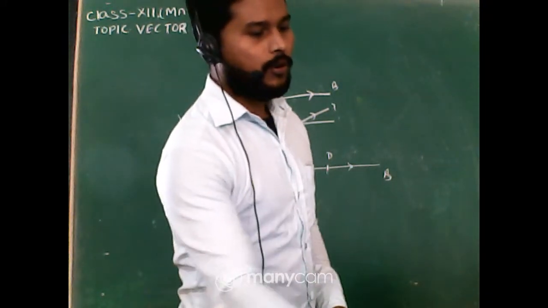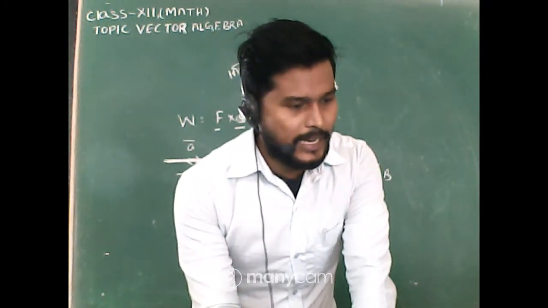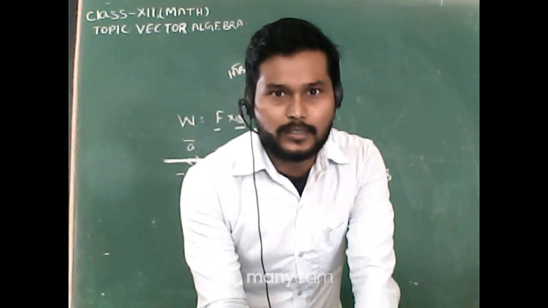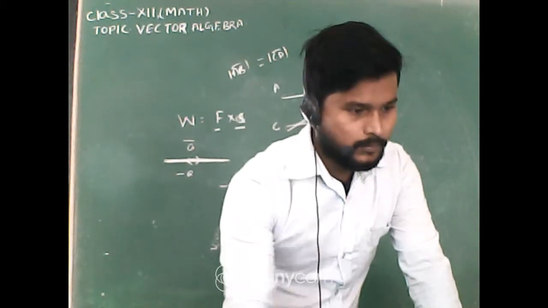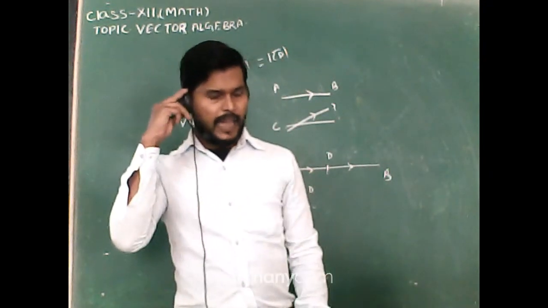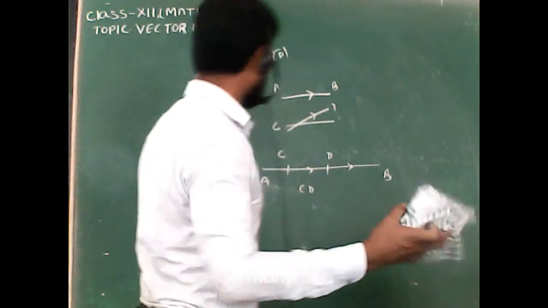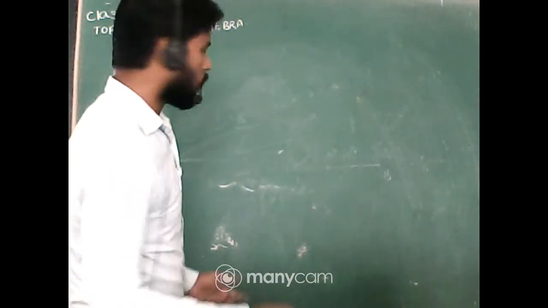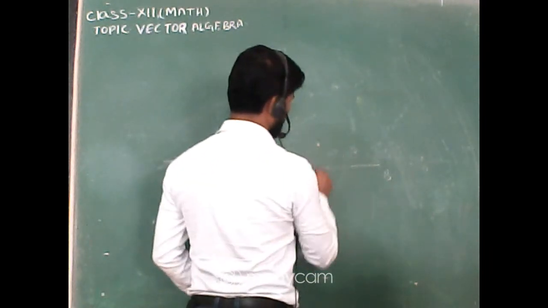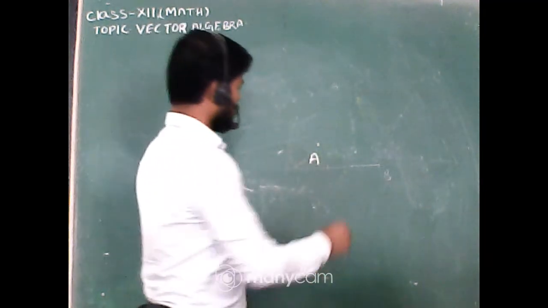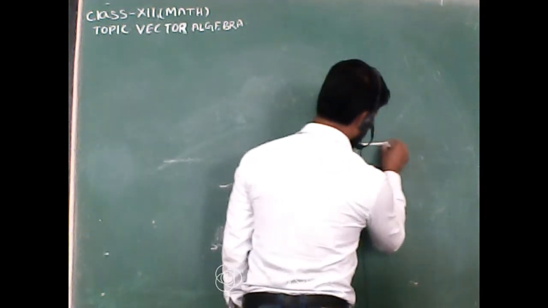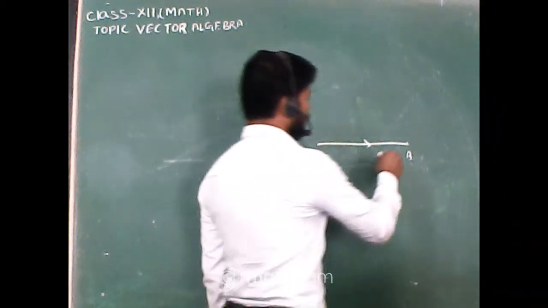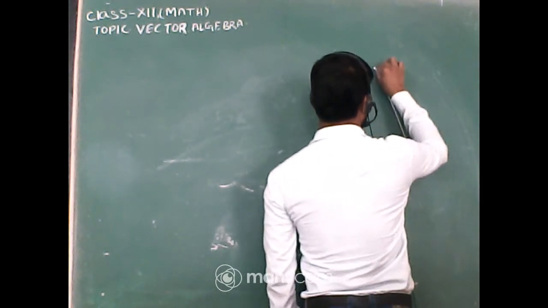Clear? Now we're going to discuss the next topic, the addition of vectors. So what do we mean by addition of two vectors? Let us consider one point here, A. From point A we consider a vector AB, and from point B let us consider another vector BC.